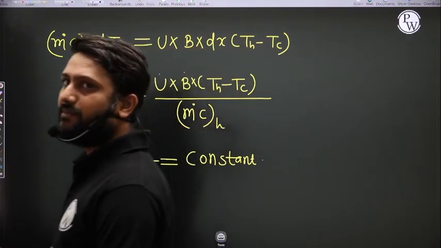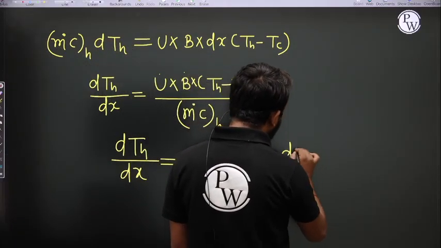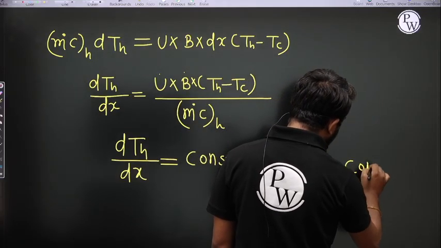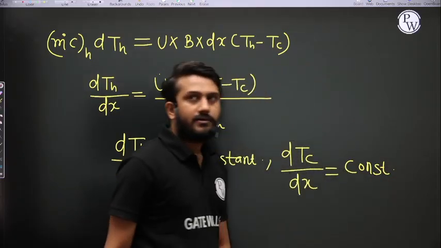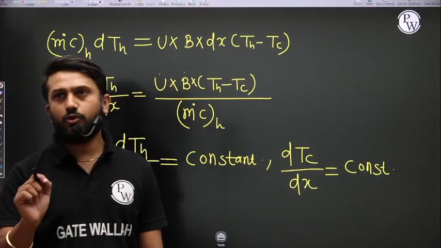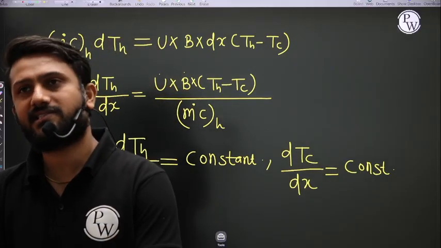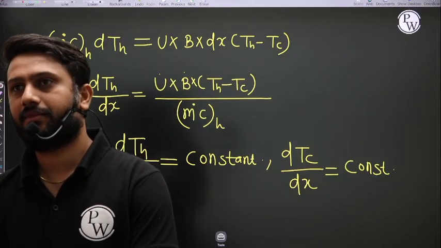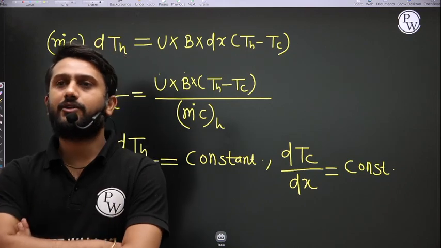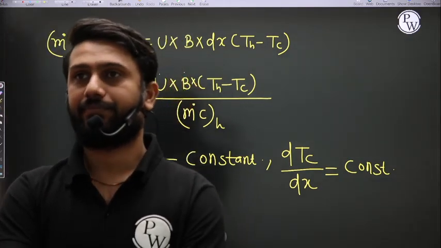And similarly I can say dTc by dx is equal to constant. So from here I can say the temperature profile of the cold fluid is a straight line, because the slope is constant. That means the temperature profiles are parallel to each other and straight lines, right?